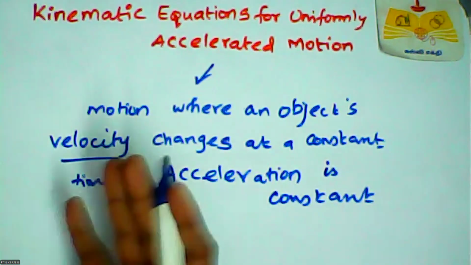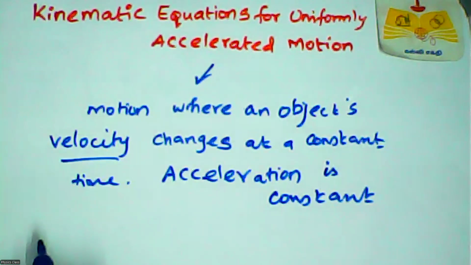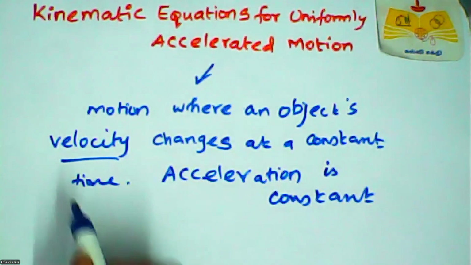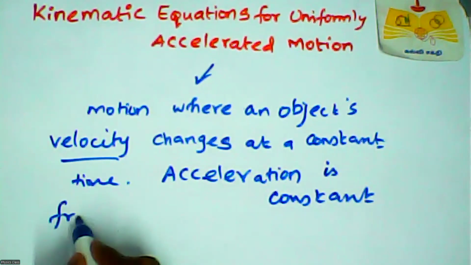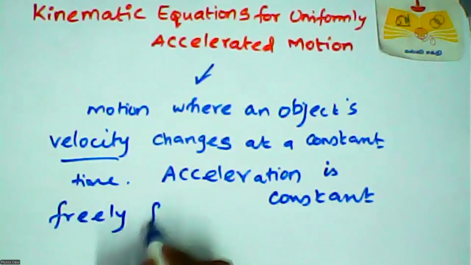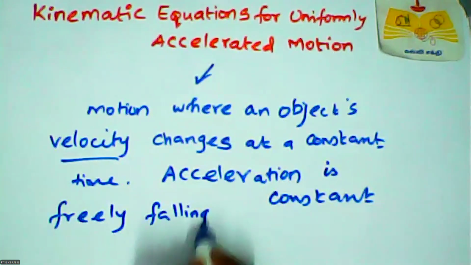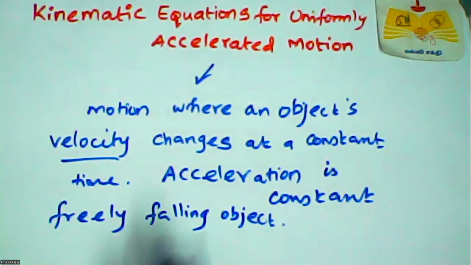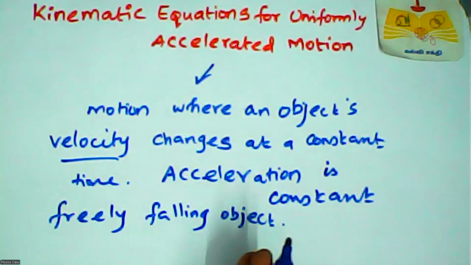A classic example for uniformly accelerated motion is a freely falling object, where gravity provides a constant acceleration.